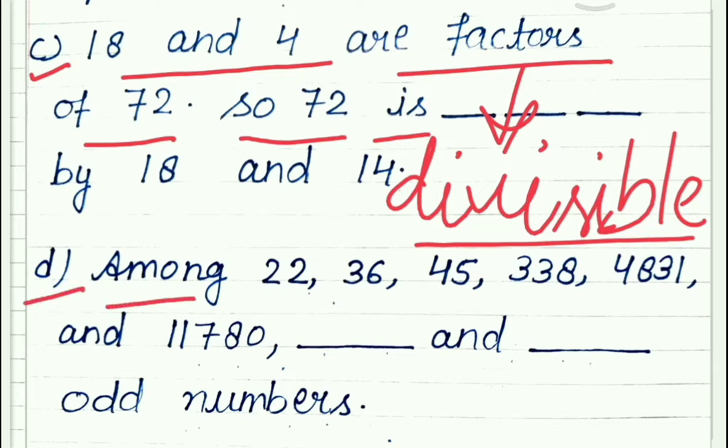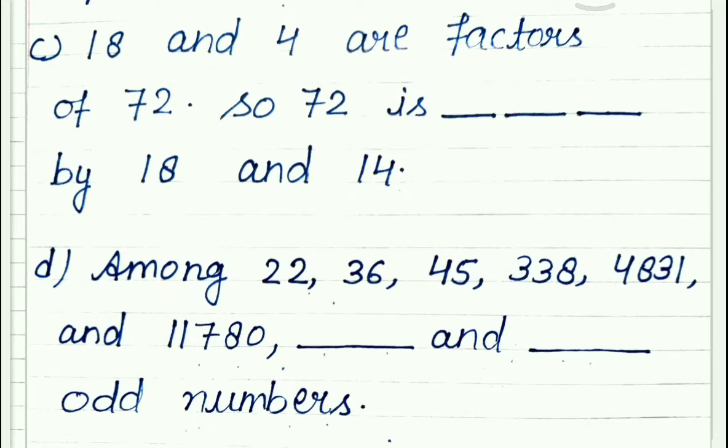Next part is D. Among 22, 36, 45, 338, 4831 and 11,780, dash and dash are odd numbers. In this question it is asking for odd numbers. So let's see. Odd numbers are those which are not divisible by 2.